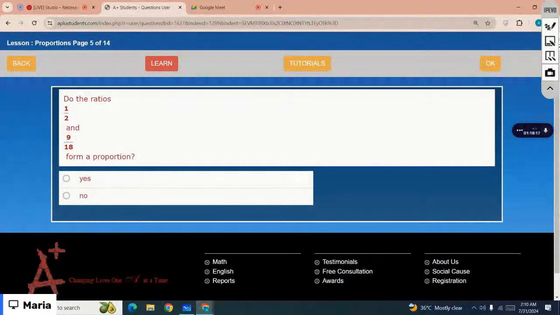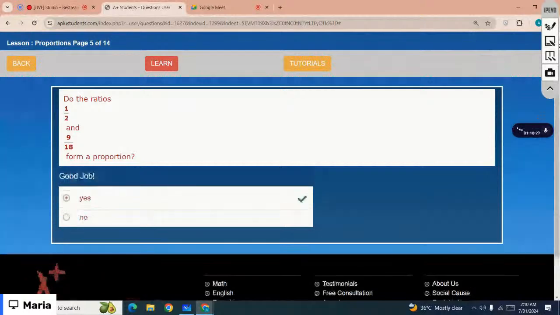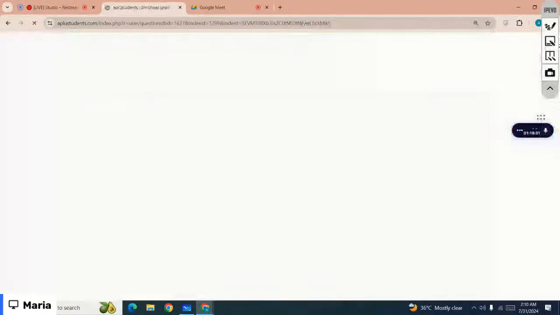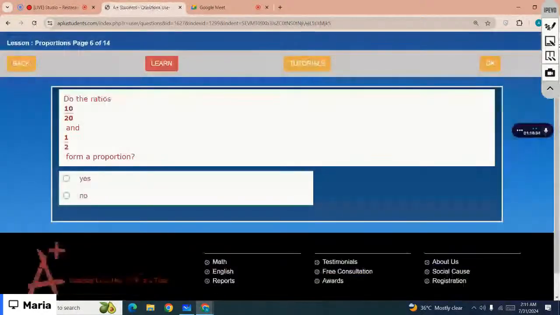The correct option is yes, they form a proportion. Option number 1 is the correct option. Do the ratios 10 by 20 and 1 by 2 form a proportion?